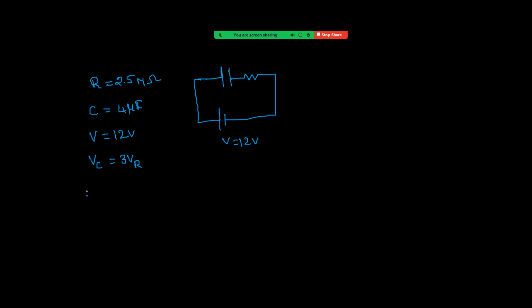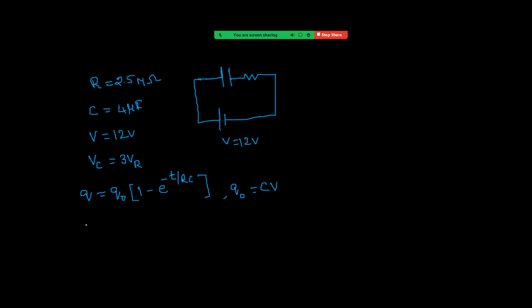We know the charge as a function of time. During charging, Q equals Q naught into 1 minus e power minus t by RC, right? And here Q naught is given, a 12-volt battery in series. That means here Q naught equals capacitance C into V, where V value is 12.